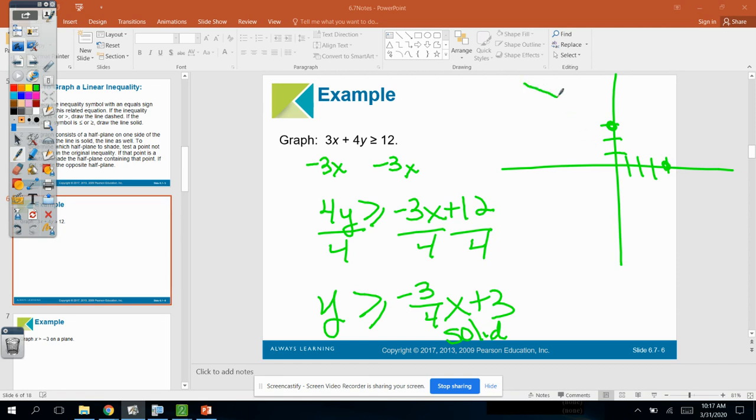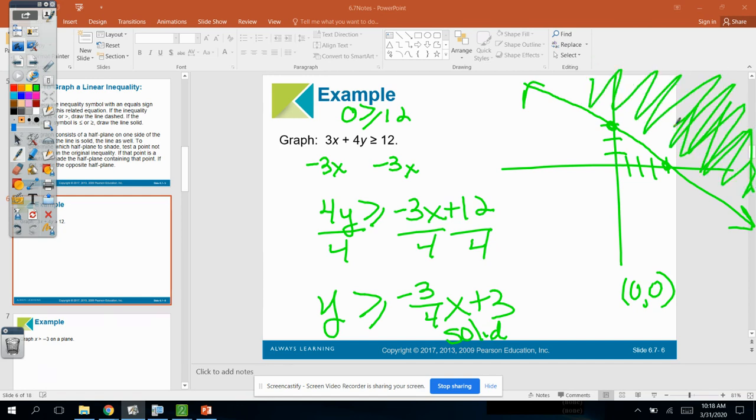It will be solid. So there's your line. Now, which half plane will make this true? So we're going to pick 0, 0, and we're going to see if it's true or not. You can plug it into either one if you want to. I'll just plug it into here because it's all pretty easy. If you plug 0, 0, this would be 0 and this would be 0. Is 0 bigger than or equal to 12? No, 0 is not bigger than 12, so that's not the answer. The answer is up here. Your other possibility you could do is say it's a greater than, bigger, above the line.